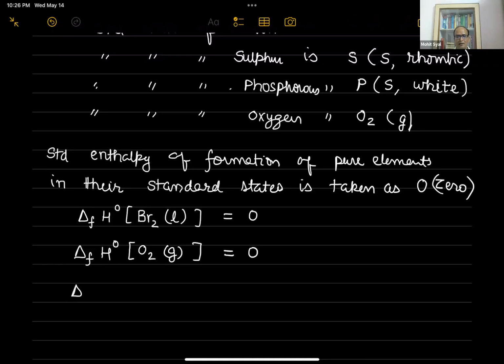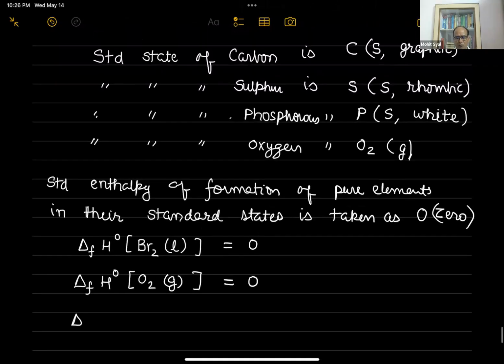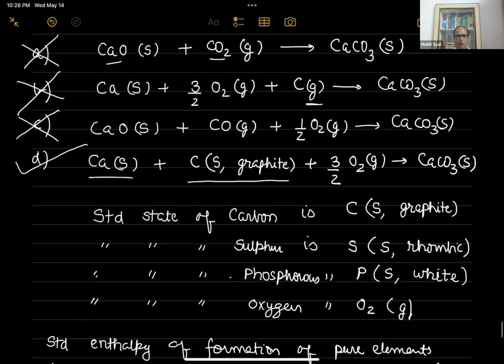Normally the standard enthalpy of formation has meaning for compounds, when 1 mole of a compound is formed from pure elements in their standard state.